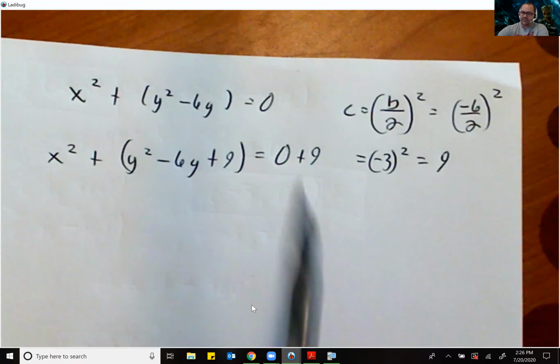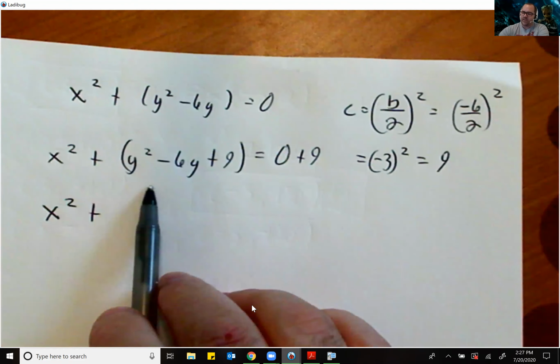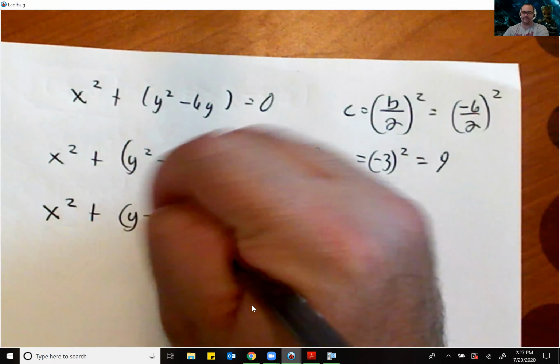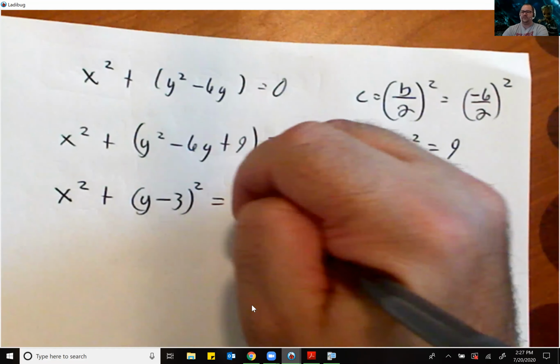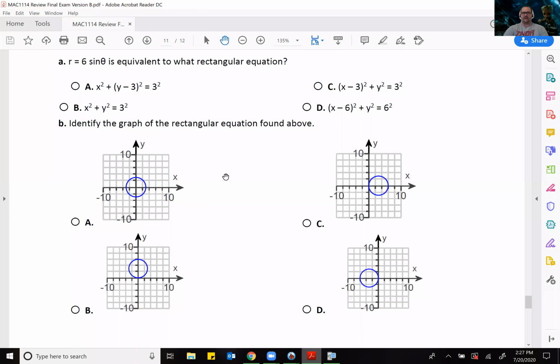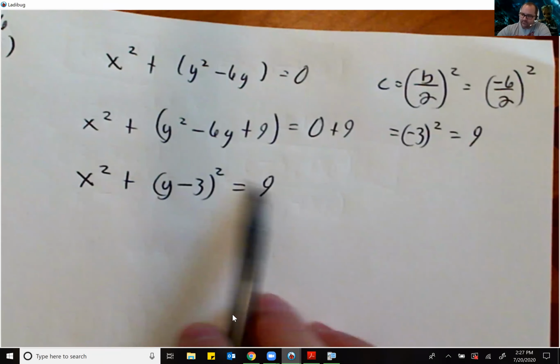We're going to add in 9, and if I add 9 over here, I add 9 on the other side. So what we end up with is x squared plus, this is now factorable, and factors out to y minus 3 squared, equal to 0 plus 9, which is 9. And there's our equation. Although they like to take this piece in the end, and instead of writing it as 9, how is 9 really made up?